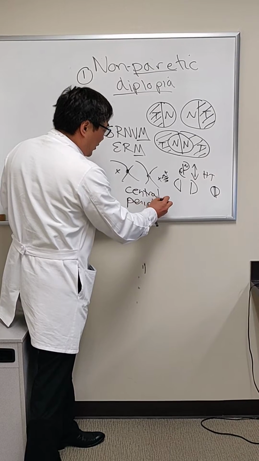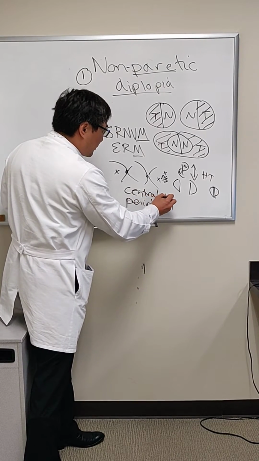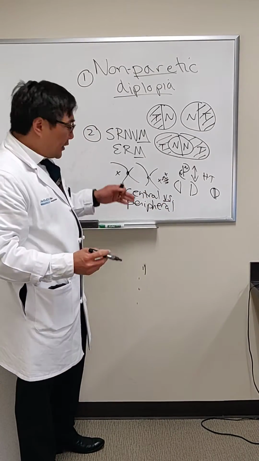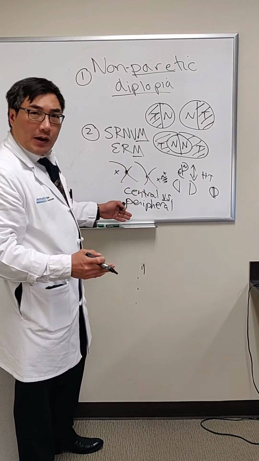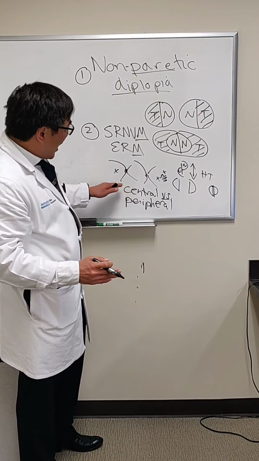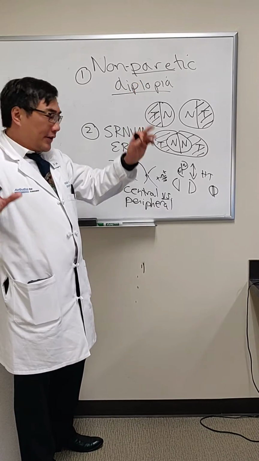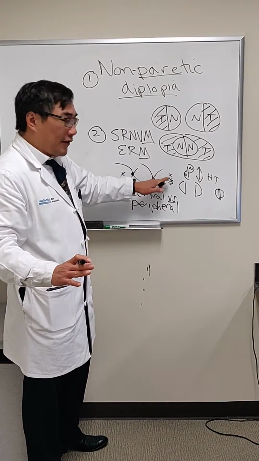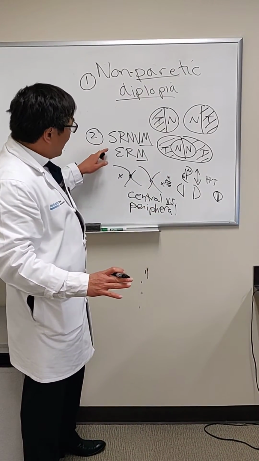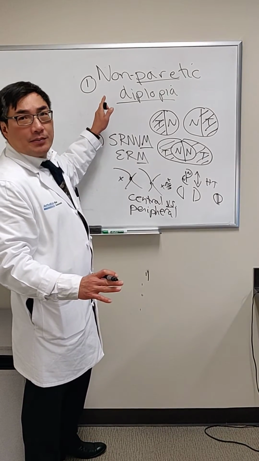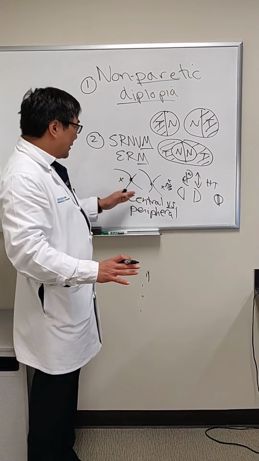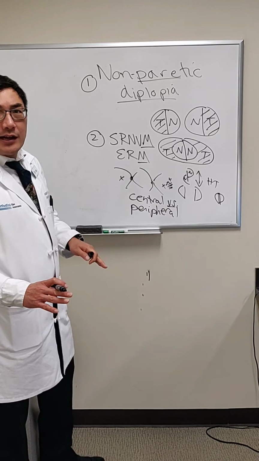So there's nothing wrong with the nerves or the muscles or the junction. It's a central versus peripheral rivalry. And so when you have a rivalry between the fusion of your peripheral field and your fovea, because one fovea is displaced, that patient has a non-paretic form of diplopia as well. There's no weakness, it's just the two eyes are not aligned on the target.